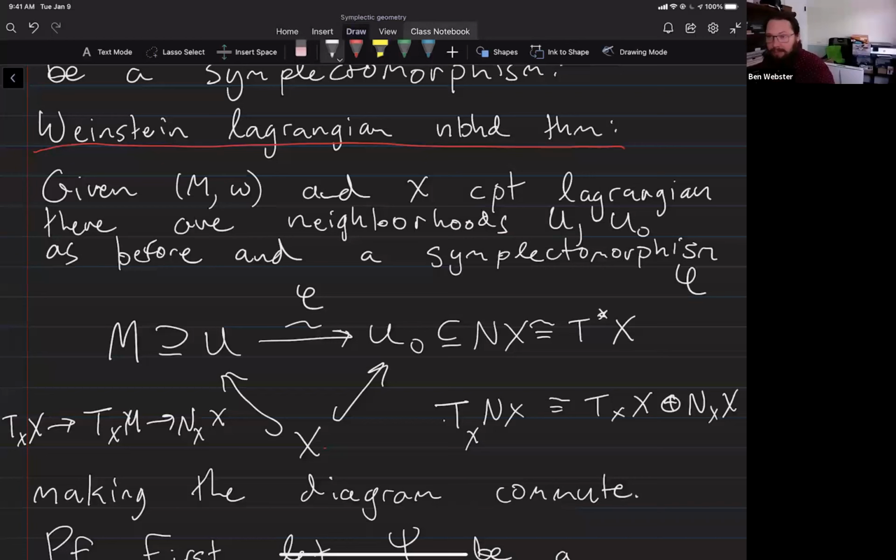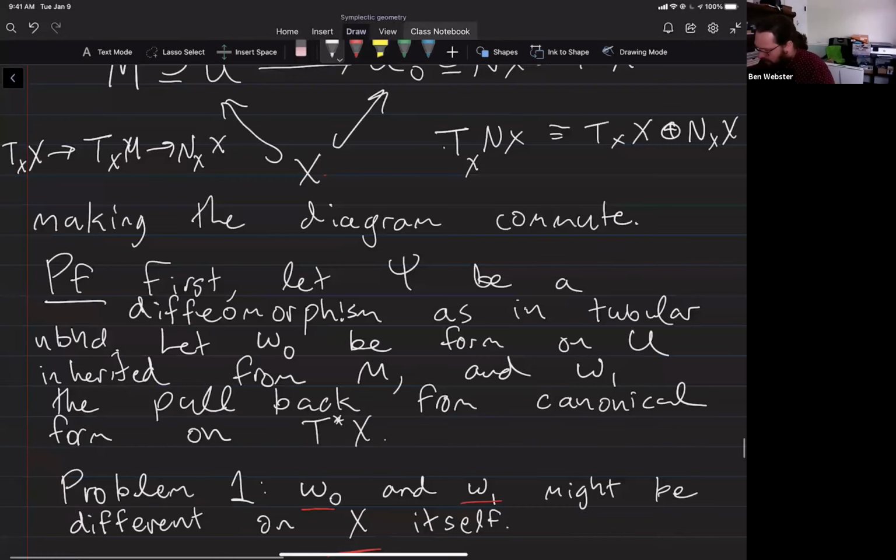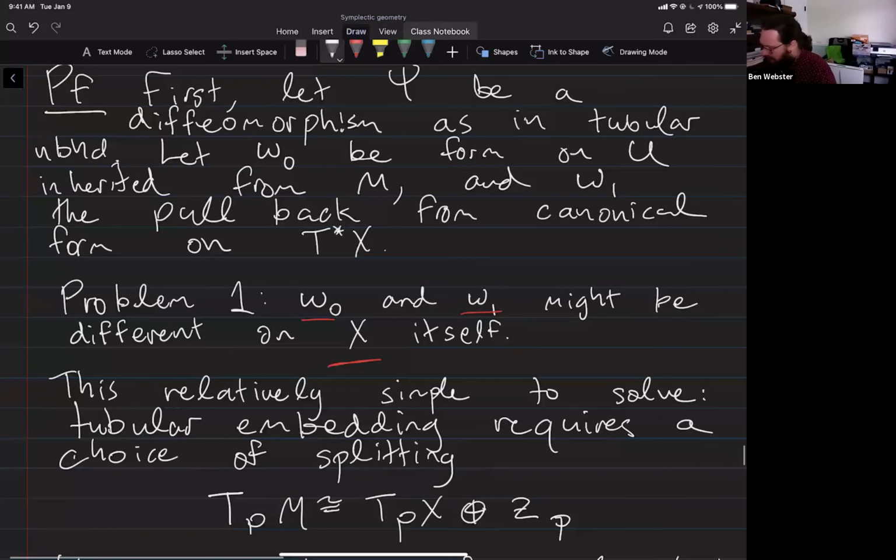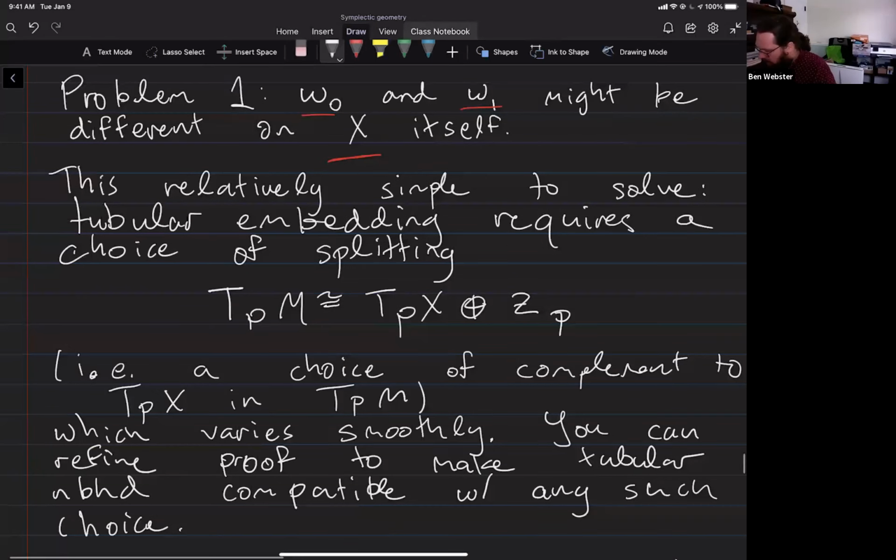The usual way that people do this is they pick a Riemannian metric, and they say, okay, this T of X is a canonical thing, and the splitting I choose is the one into that and its orthogonal complement. I have to choose a splitting, and this is really a choice, and I will get a different tubular embedding if I choose a different splitting.